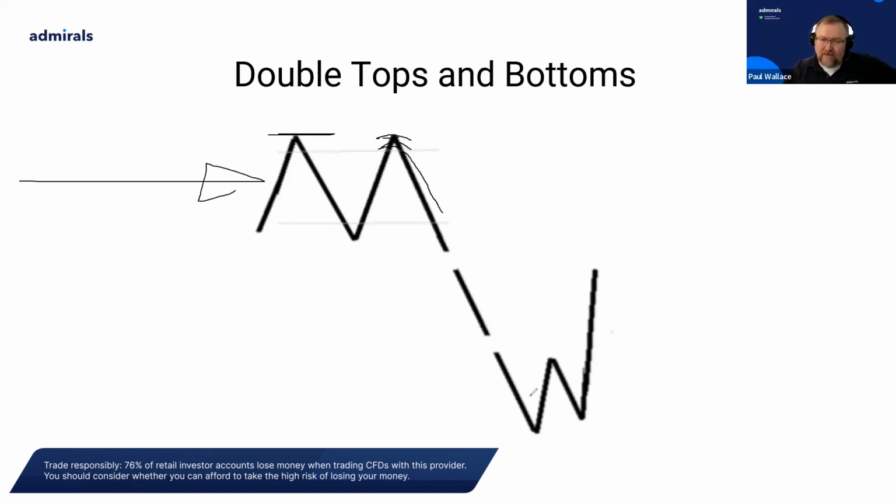In the same way, on a double bottom, leg one should be lower than the second leg. The second leg should be higher. It should already be giving us an indication that the bulls have stepped in, and price is reverting and moving back into the range. That isn't always the case 100% of the time, but ideally that's what we're looking for.